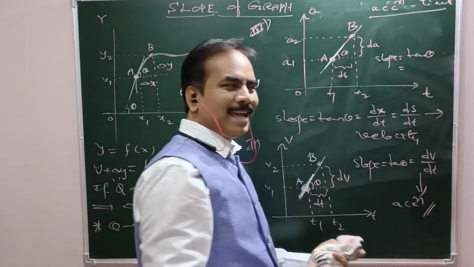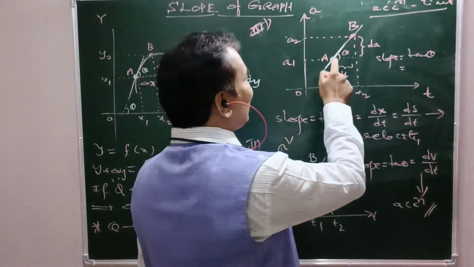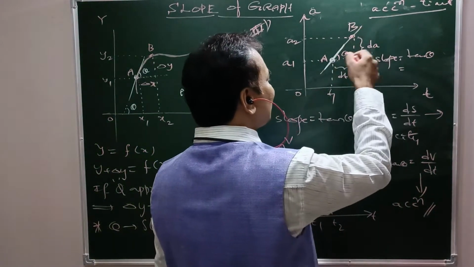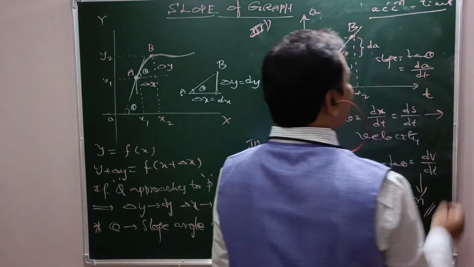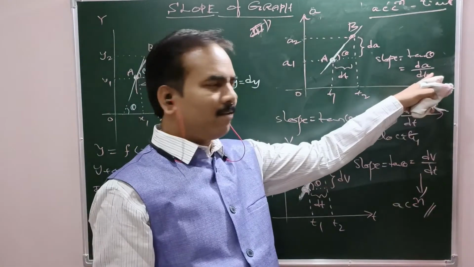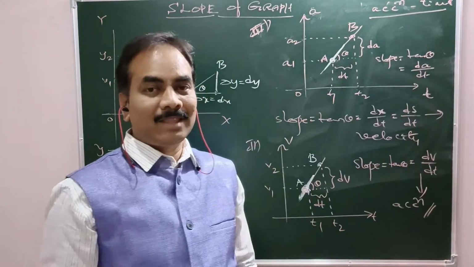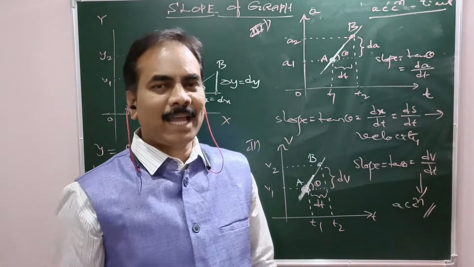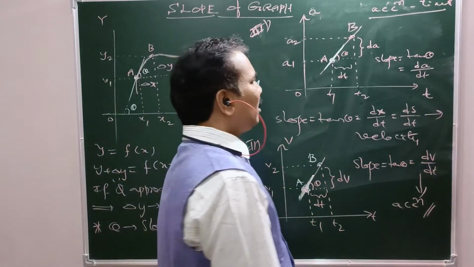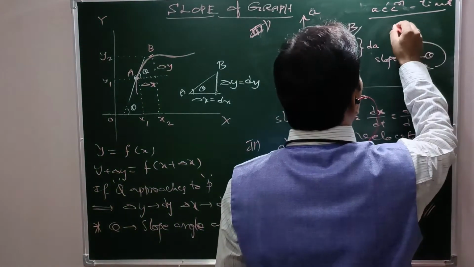Why? Because the line is a straight line. Therefore, tan theta equal to opposite side by adjacent side, that is dA by dt. dA by dt means the rate of change of acceleration with respect to time, which is known as jerk.